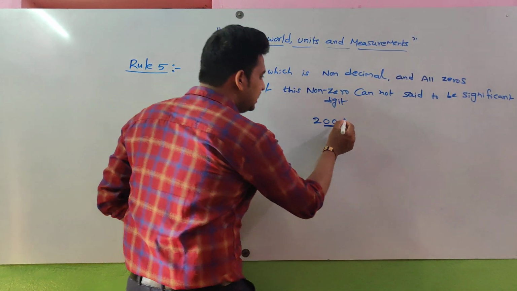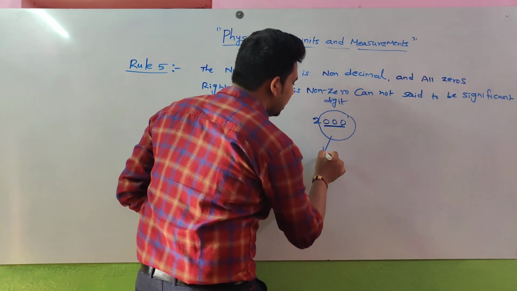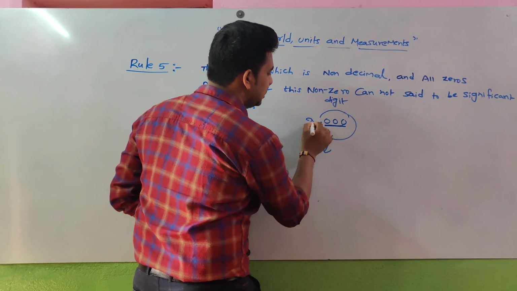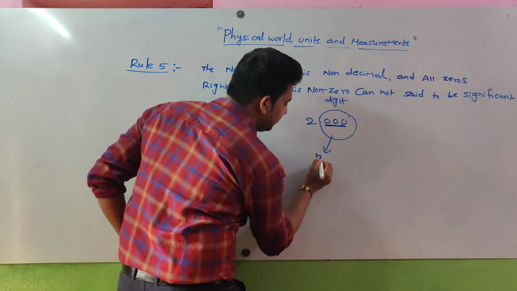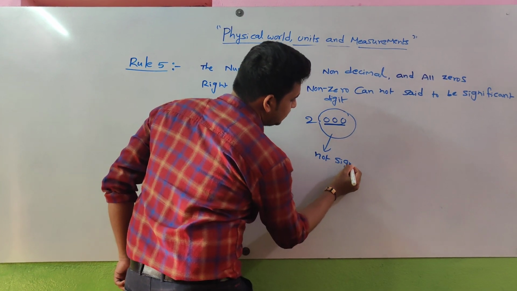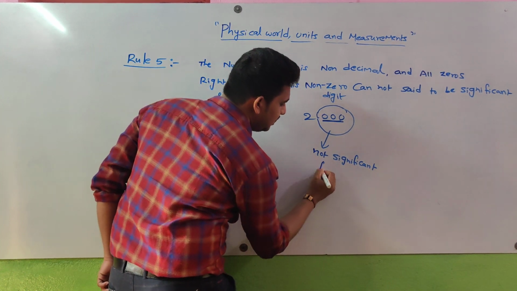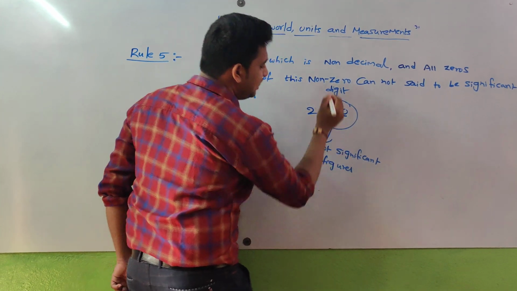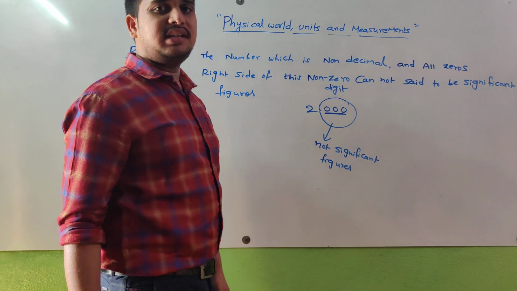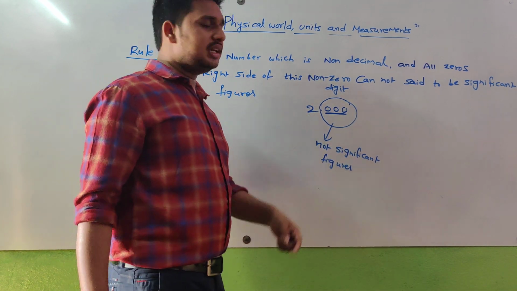That means these three zeros are not significant figures. We do not count these as significant figures. That means how many significant figures here? Only one significant figure.